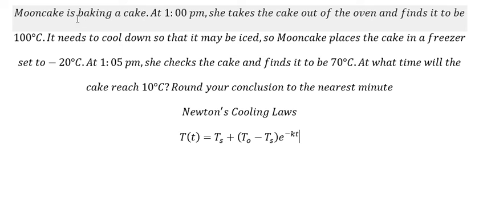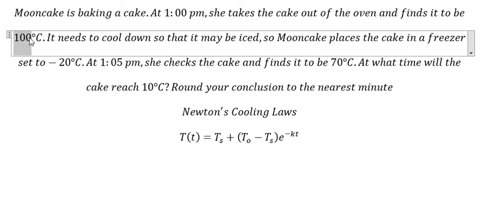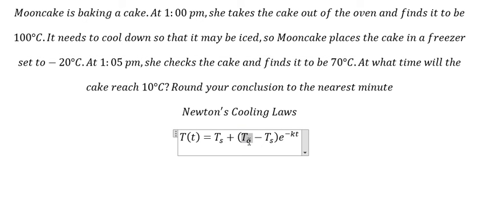Mooncake is baking a cake at 1 p.m. She takes the cake out of the oven and finds it to be 100 degrees Celsius. 100 degrees Celsius is T0 in here. It needs to cool down so that it may be iced.